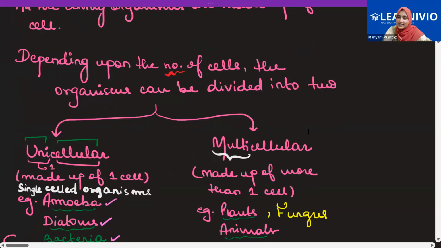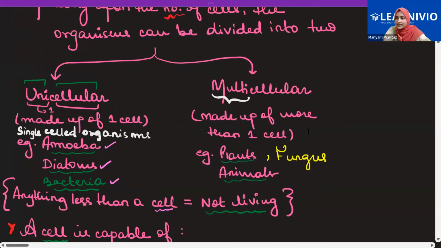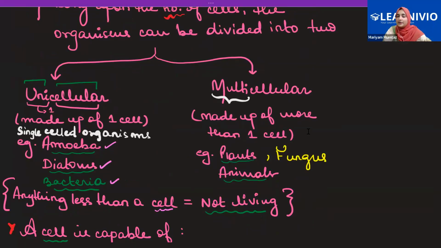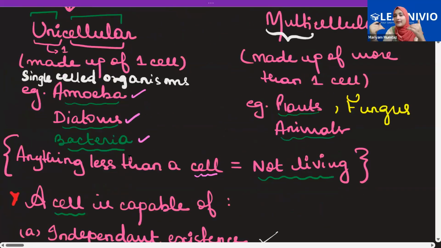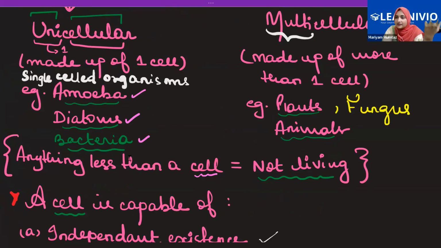Those that have just one cell are called unicellular organisms, whereas the ones that have multiple cells in their body are called multicellular organisms. You can also call unicellular organisms single-celled organisms. The best example is bacteria. Then you have diatoms, you have amoeba, all of these are unicellular examples.